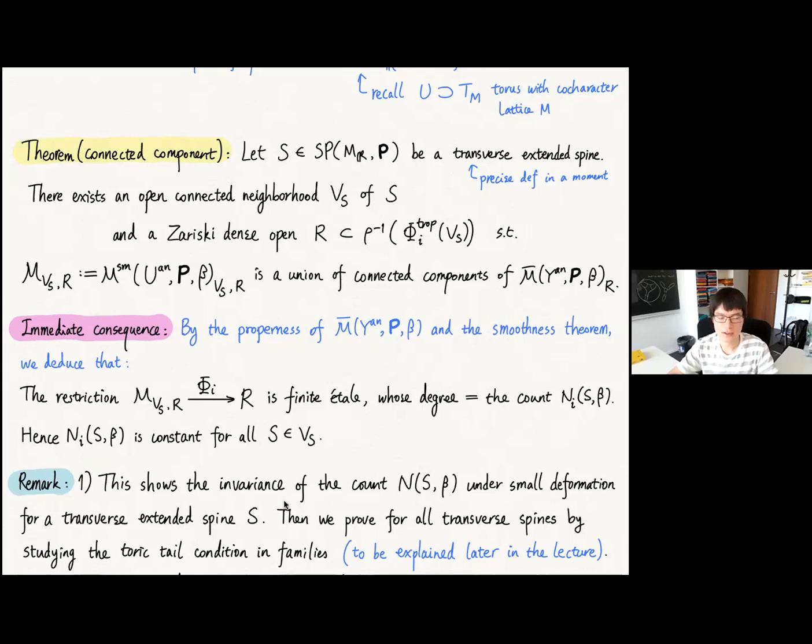So this shows the invariance of the count under small deformation for any transverse extended span S. Then we prove it for all transverse spans by studying the toric tail condition in families, which I will explain a bit later.